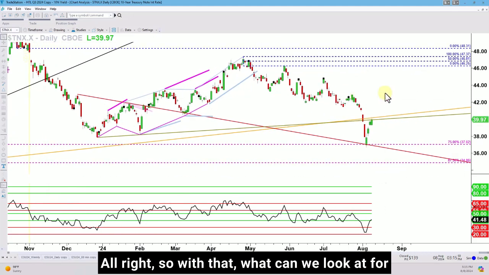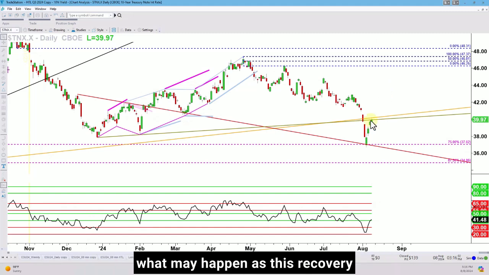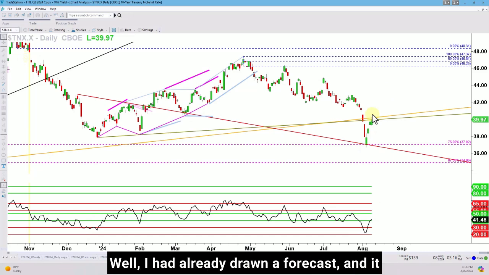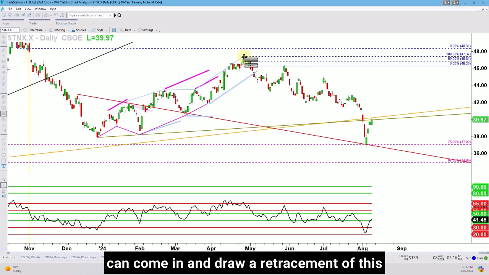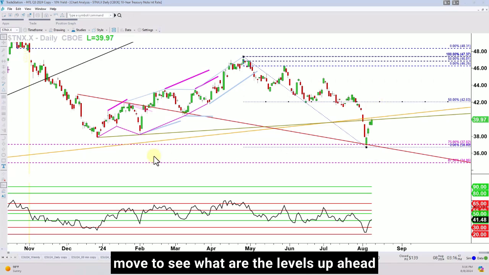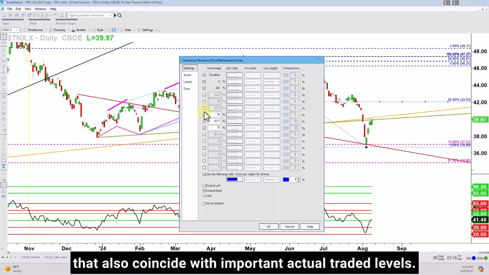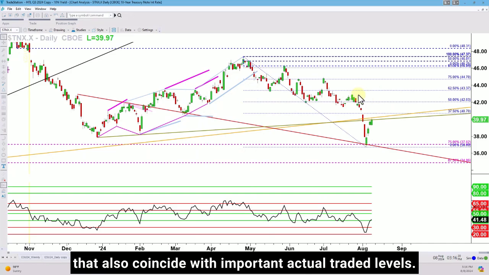All right. So with that, what can we look at for what may happen as this recovery on the yields chart unfolds? Well, I had already drawn a forecast, but I can come in and draw a retracement of this move to see what are the levels up ahead that also coincide with important actual traded levels.